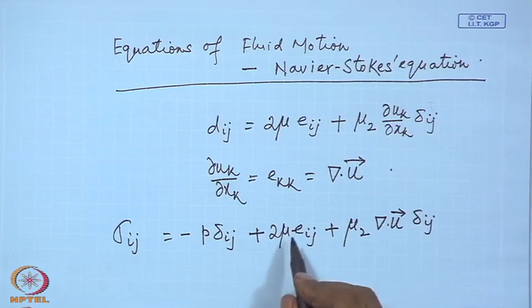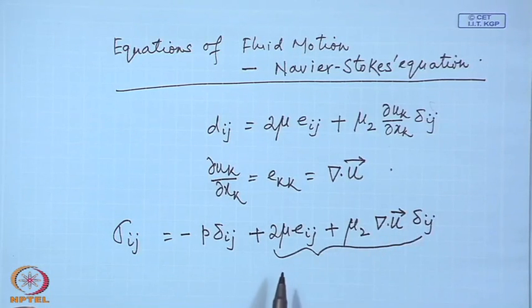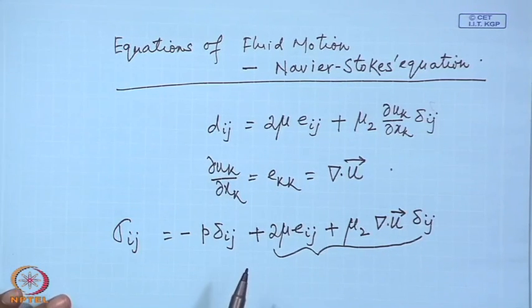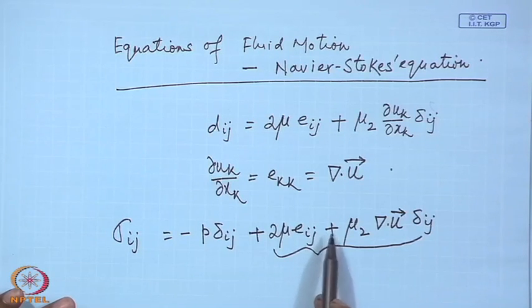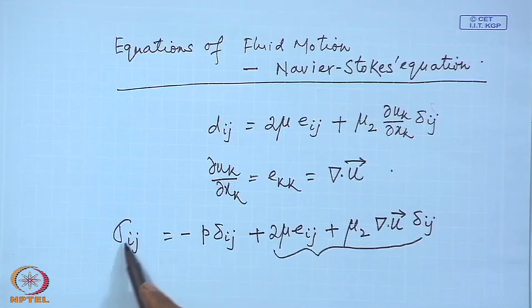Now, looking at this deviatoric part of the stress tensor, the normal components in this deviatoric stress tensor are the remaining part of the normal stresses, from which we have taken out this isotropic part, this minus p, which is the average of the sum of the diagonal. This we have taken out from sigma_ij.